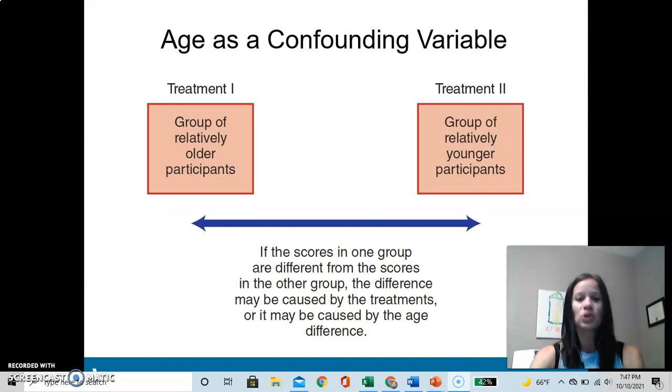So here's just showing you age as a confounding variable. Okay, so let's say that we have treatment 1 group. Okay, so this is one group and this is another group. This group is getting one treatment and this group is getting the other treatment because these are our IVs.